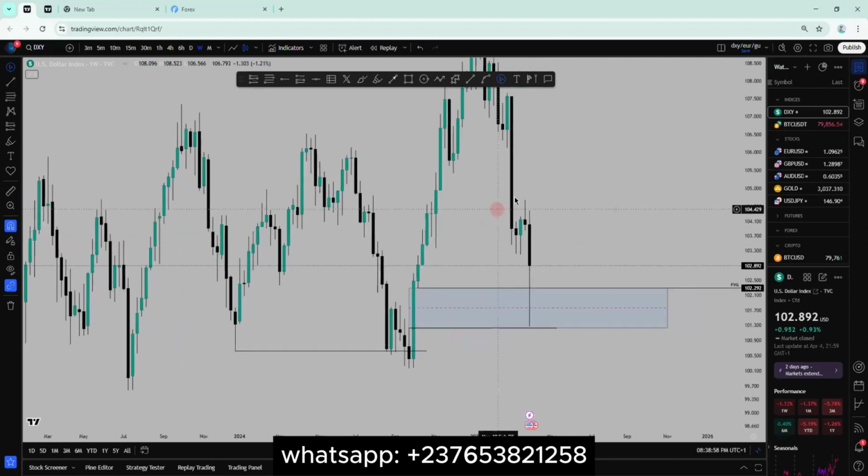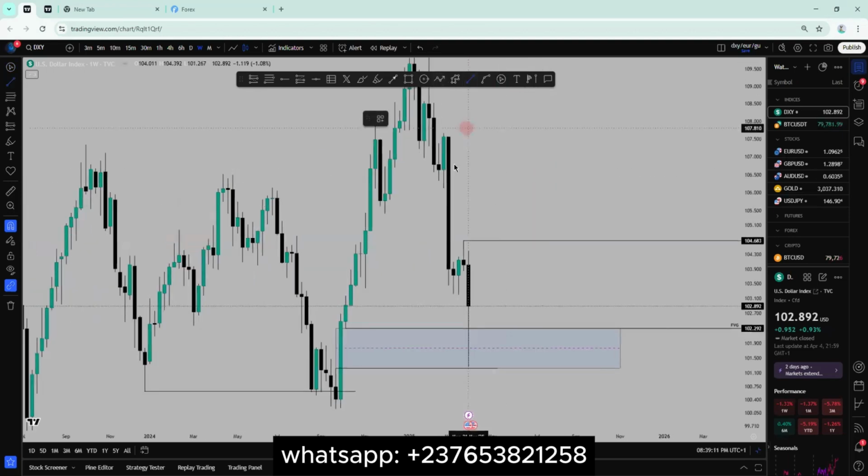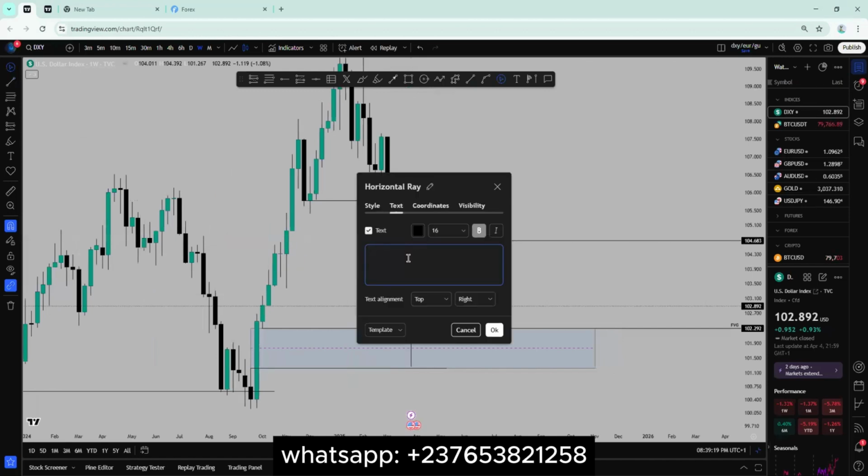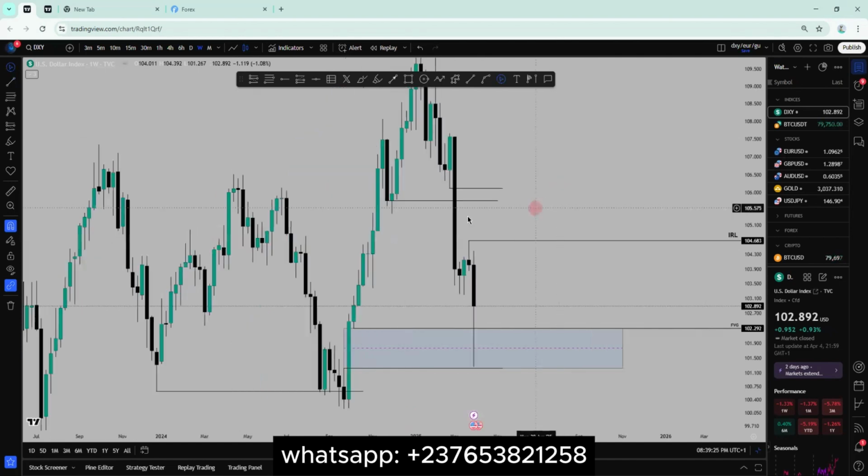Therefore, price will be targeting some internal range liquidity, which is this high. If price is taking it, we have some key levels here that can also resist price from pushing up if at all price will want to sell. So we have that to be our internal range liquidity from the weekly.